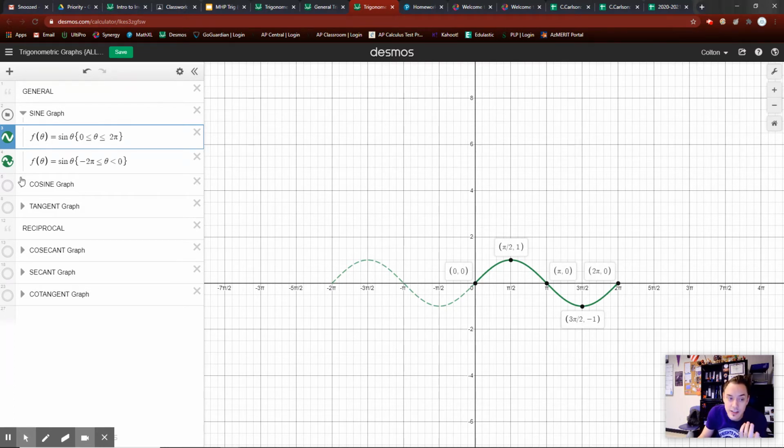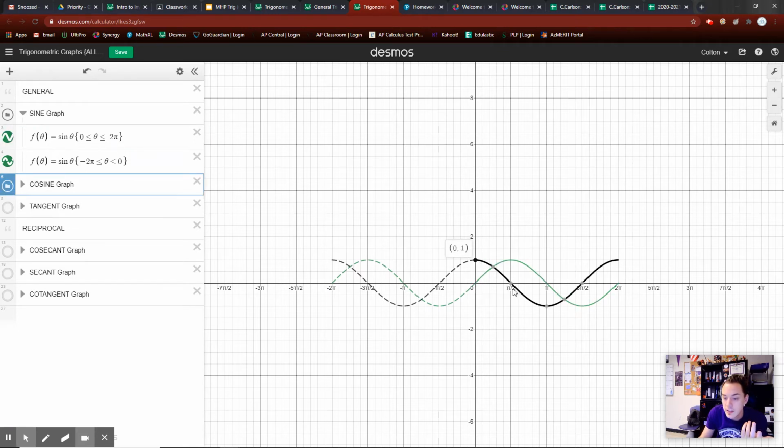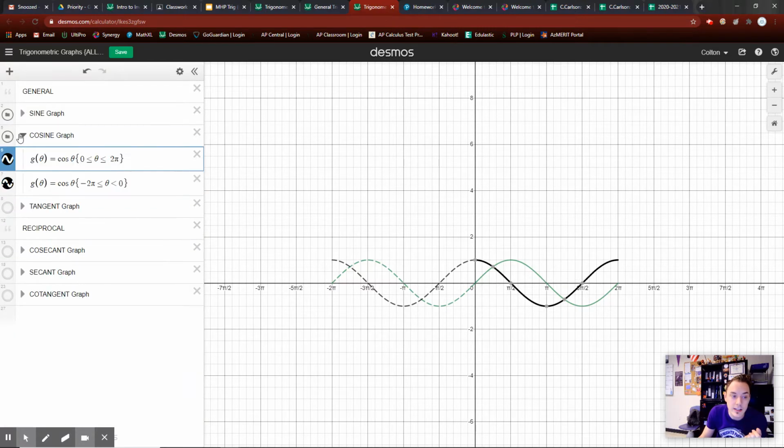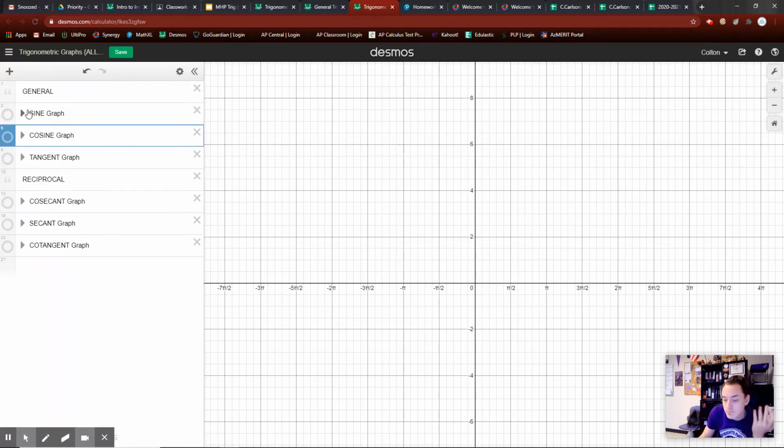And since it's restricted, it's easier. And you can put cosine right on top of it. Cosine, you can have the exact same points that we had before, and so forth. You can use this. It's on a classwork page. It's on Google Classroom. I really like using these because they're just nice. They're short and sweet. And then this is the reciprocals, which we're going to do in a couple of days.